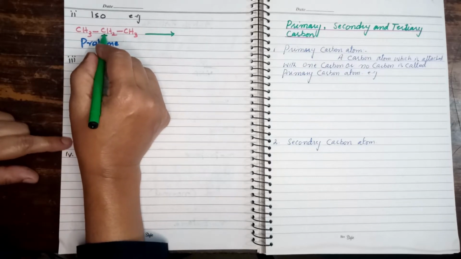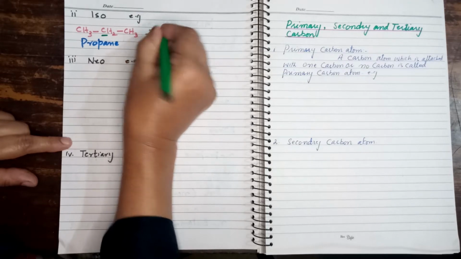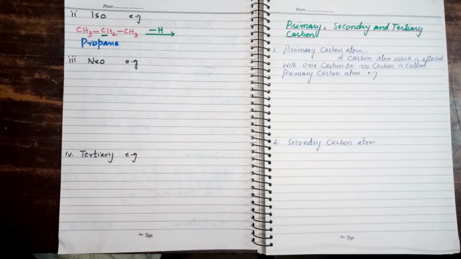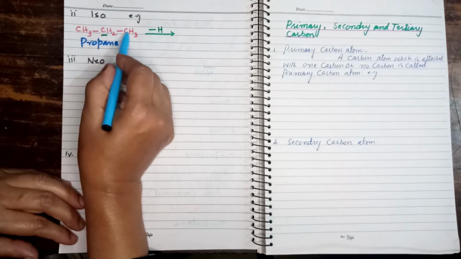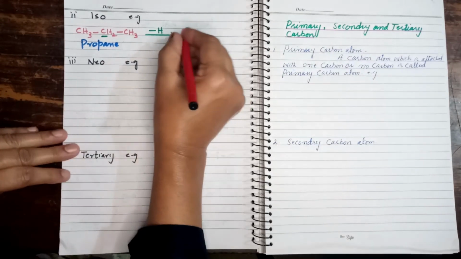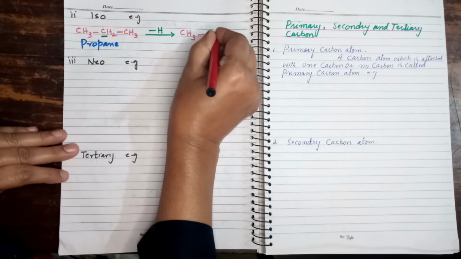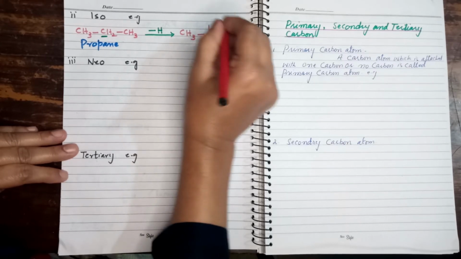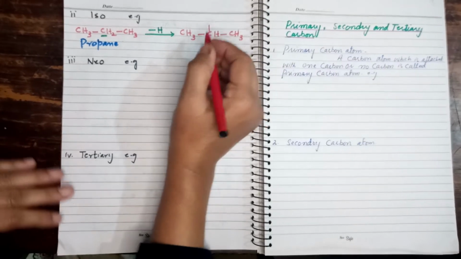Now after the loss of one hydrogen, if one hydrogen is lost from this carbon, that is from the secondary carbon. What is a secondary carbon? The carbon atom which is connected with 2 more carbon atoms is known as a secondary carbon, right? So after the loss of one hydrogen, one valency of this secondary carbon becomes vacant, right?